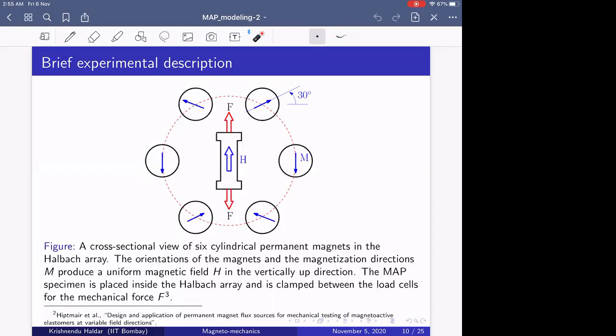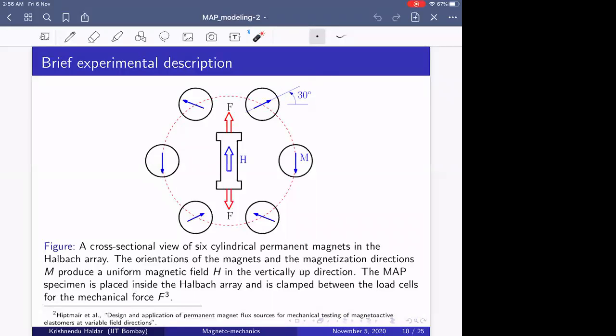cross section of a cylindrical permanent magnet. So you can imagine in the z direction, the out of plane direction, you have a cylindrical rod, and in the permanent magnet the direction of magnetization is along the diametrical direction. For this particular arrangement you have six such cylindrical permanent magnet rods, each with a specific orientation of magnetization.